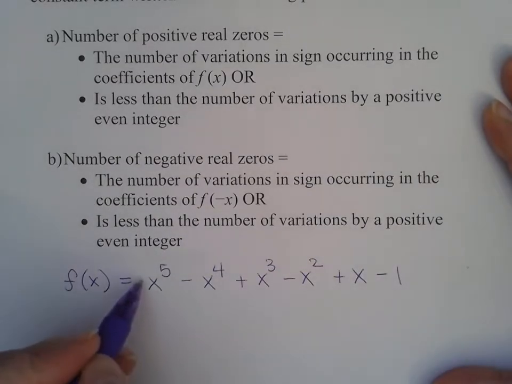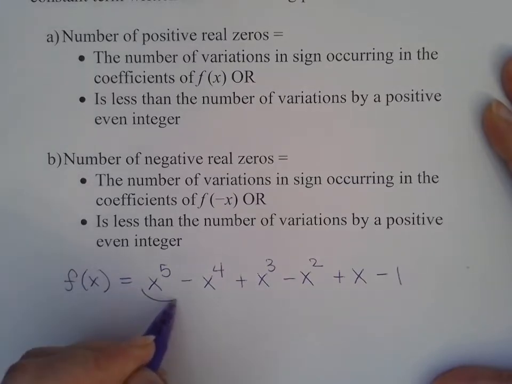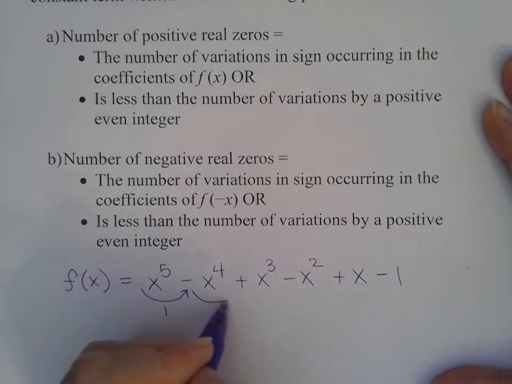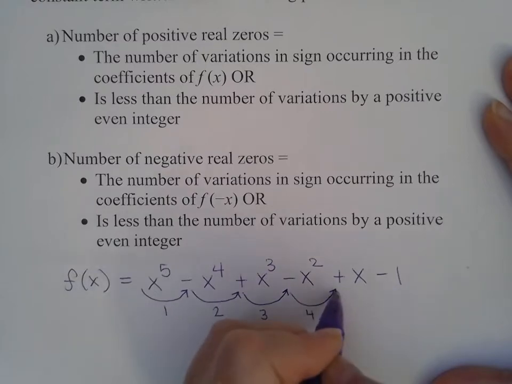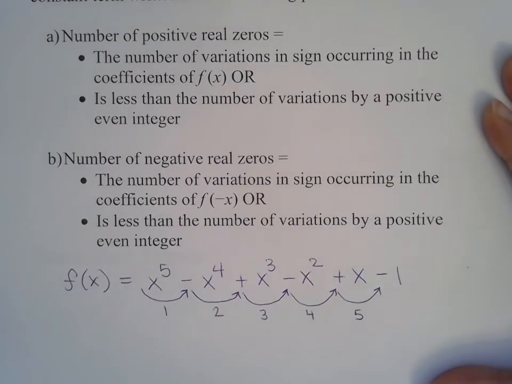Okay, so keep in mind there's a positive 1 here, so we're going from positive to negative, that's one sign change, negative to positive, that's 2 sign changes. Positive to negative, that's 3 sign changes. Negative to positive, that's 4. Positive to negative, that's 5. So we changed sign 5 times.